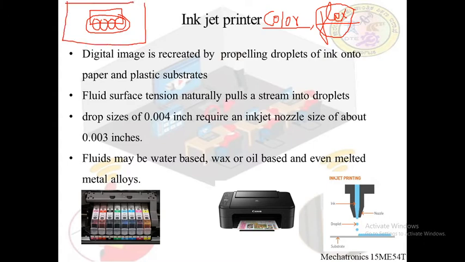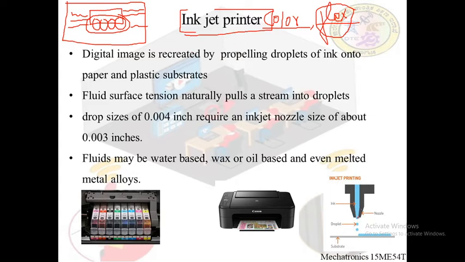This printhead consists of these ink tanks and moves over the flex sheet or the paper. We call them substrates. It moves over them in order to create the image. The image can be grayscale, black and white, or of colored type. This inkjet printer works on the concept of surface tension of the ink.